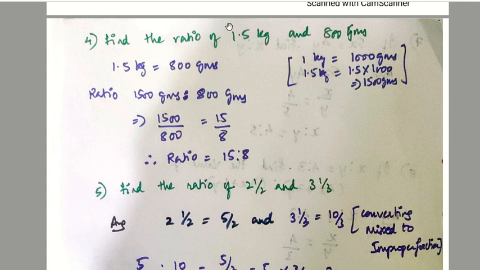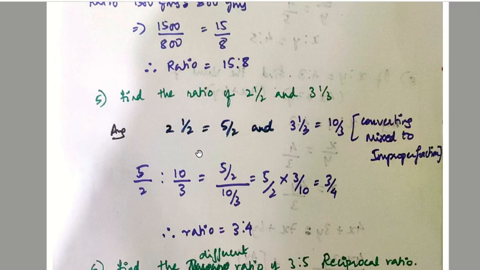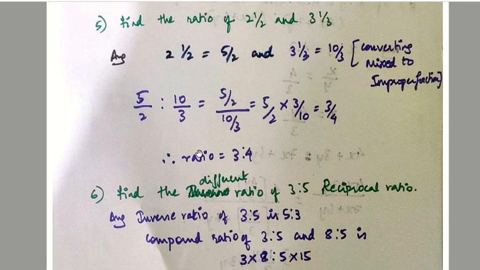You're just converting your kgs into grams, because both the numbers need to be of the same kind or same unit. Only then you can find out your ratio. So 1.5 kg is to 800 grams, which can be written as 1500 grams is to 800 grams. So 1500 divided by 800 is 15 by 8. Therefore the ratio is 15 is to 8.